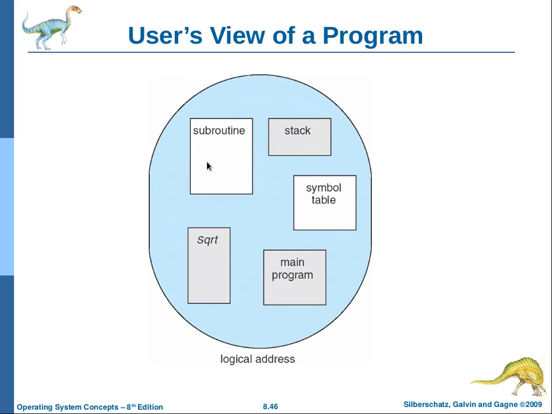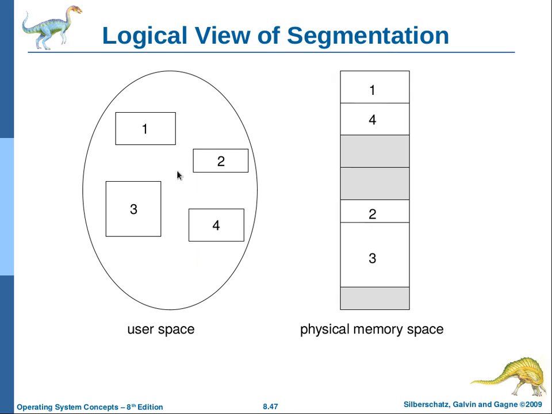For example, you have a subroutine, stack, symbol table, maybe a square root function, and a main program. Maybe those different sections of your code exist in different parts of physical memory. This is called segmentation, because in general you'd think these would be connected somehow, but in reality they're just wherever the operating system decided to put your program at that time.